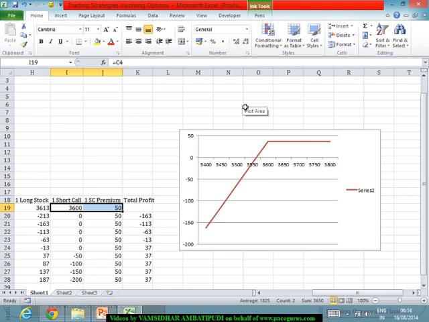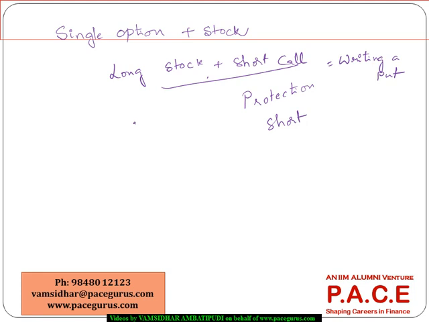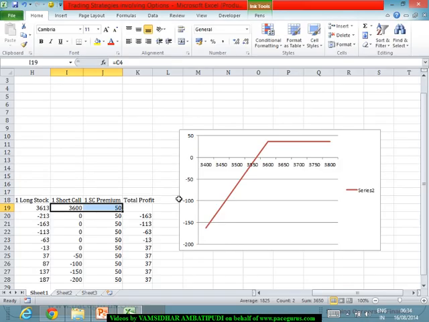If the stock price is increasing drastically, let's say you have written a call option only. When you have sold a call option, you are going to get a benefit when the stock price is falling.